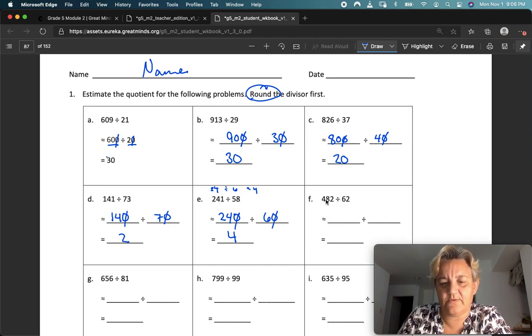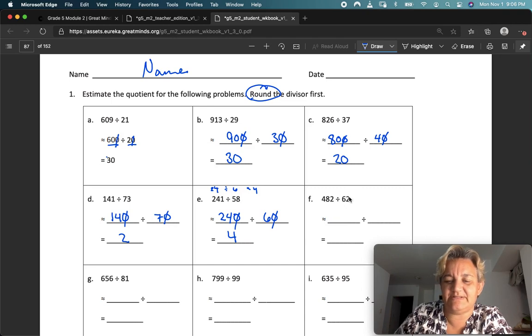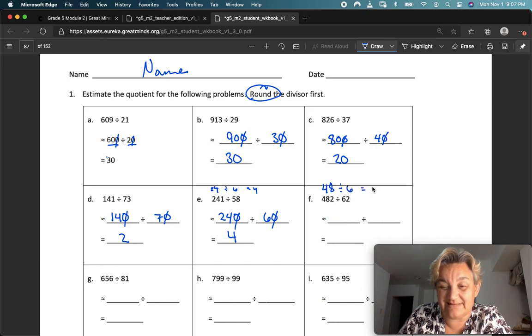Okay, 482 divided by 6. Do you see any factors there? I see 48 divided by 6 equals 7, right? Is that right? 6 times 6 is 36. Plus 7 is 42.